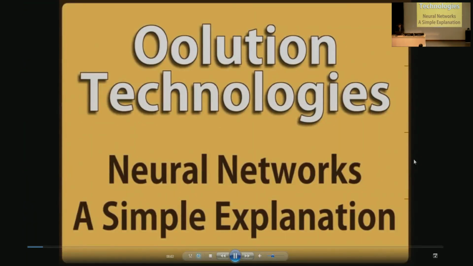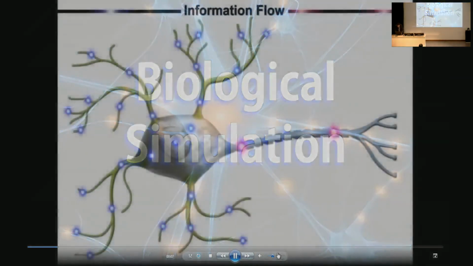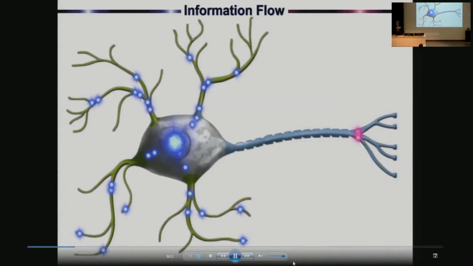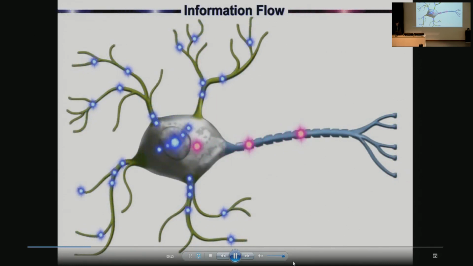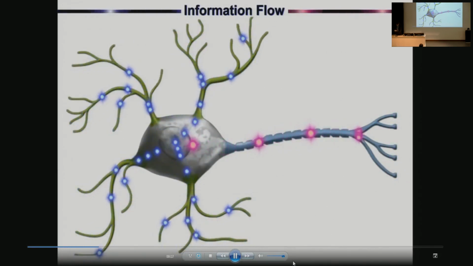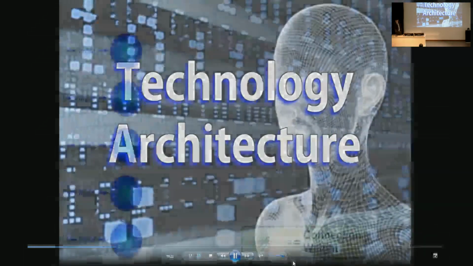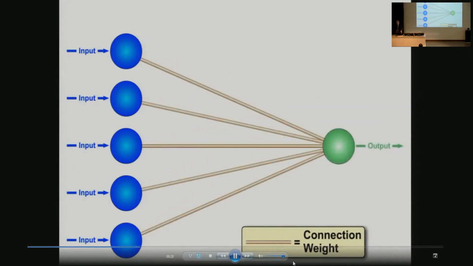It's just a short video. This is a simulation of a single biological neuron. Information flows in, is processed by the neuron, and the results flow out. This gives the neuron its ability to react based on previously learned patterns. Technology duplicates this by creating a structure that processes information like a biological neuron does, except this process is mathematical instead.